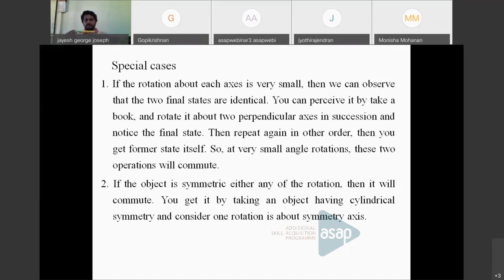If I initially perform a rotation about the z-axis like this, and then perform a rotation about this symmetry axis, and if you reverse that order, that is initially rotating about the symmetry axis and then about the z-axis, these two are identical. So these are the two special cases in which the rotations commute among themselves.